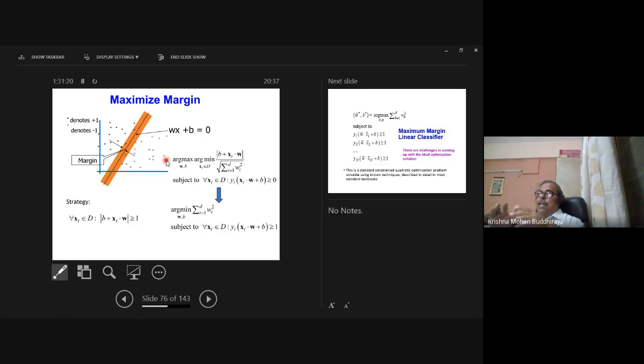So the probability of the data being linearly separable increases through this nonlinear transformation. There is a set of mathematics called Cover's theorem, etc., which are the basis for such steps.